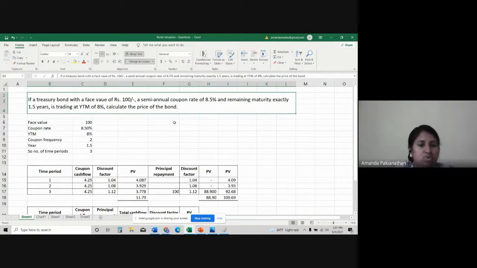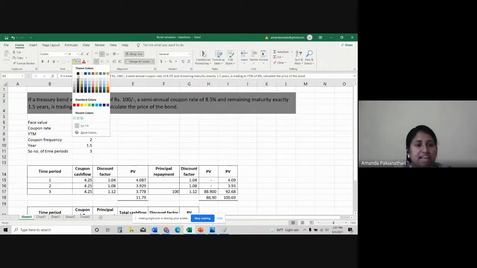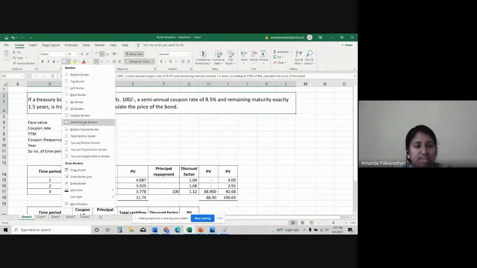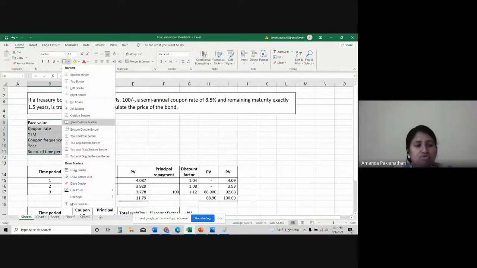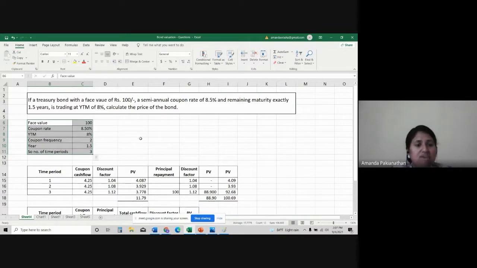Now, I told you in earlier questions as well, whenever you get a calculation, always get the figures out of that calculation and list it out. That will help you to find what is missing and what formula to use. Okay. So face value 100 already given. Coupon rate is 8.5.